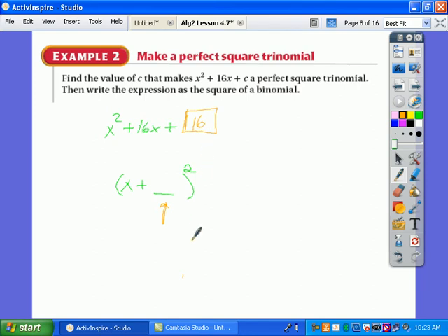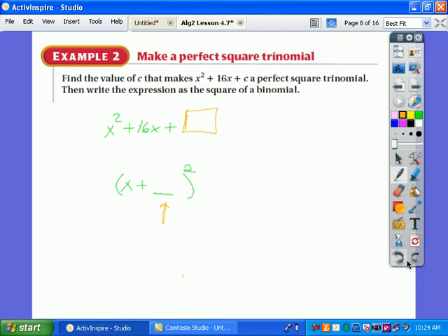But for this to be some quantity squared, it would have to be the quantity x plus 4 squared, because 4 times 4 gives me the 16. But if I multiply x plus 4 quantity squared out, it's not going to give me the middle term of 16x, it's going to give me a middle term of 8x. So this setup doesn't work, and we're back to the drawing board.